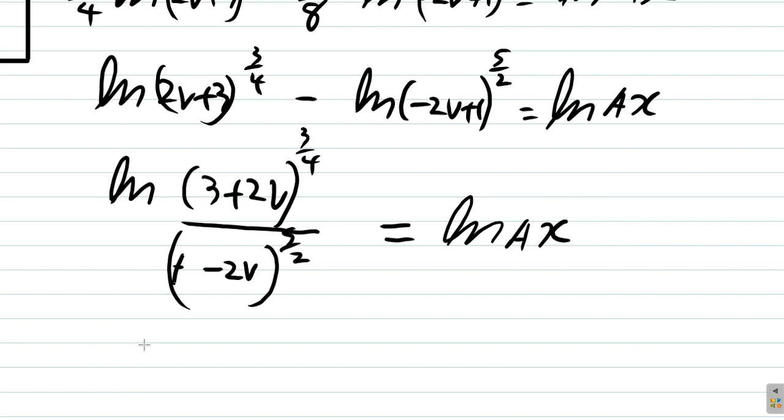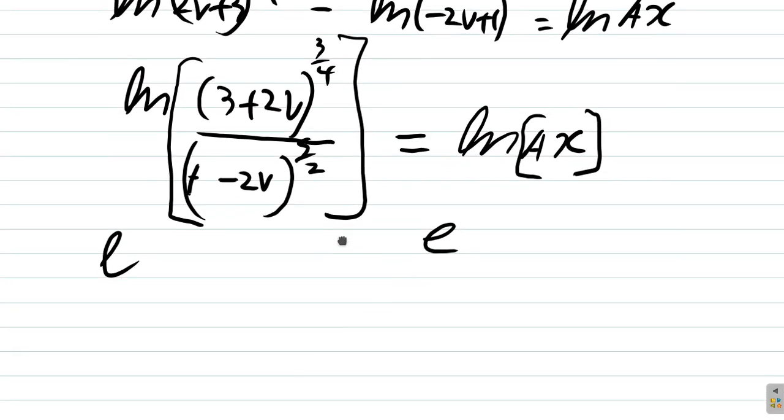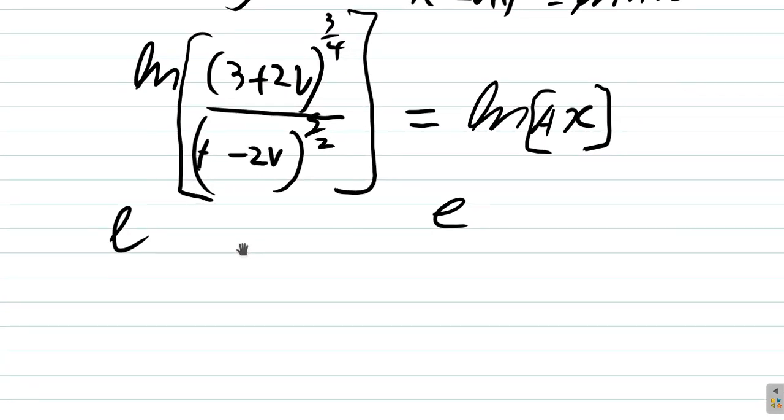So what you have here is, how do you deal with this now? E to the ln of all of this is equal to e to the ln of this. Now once you say e to the ln of something, that something will remain undisturbed because e cancels out the ln.